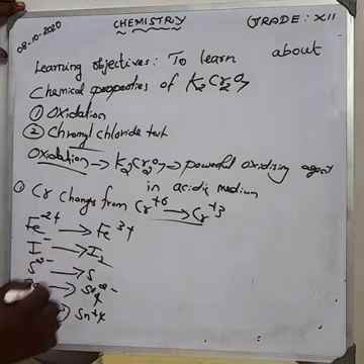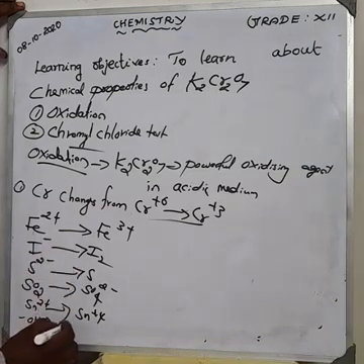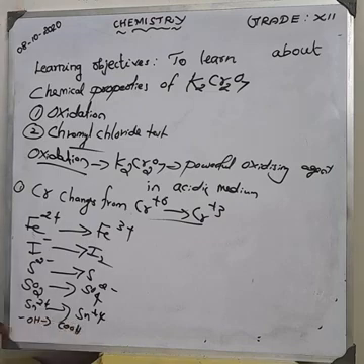And one more, alcohol, that is OH, is changed to COOH, which is an acid. These are the changes that occur in the oxidation reaction by using potassium dichromate. Potassium dichromate is a powerful oxidizing agent in acidic medium. First, chromium changes from Cr plus 6 to Cr plus 3.